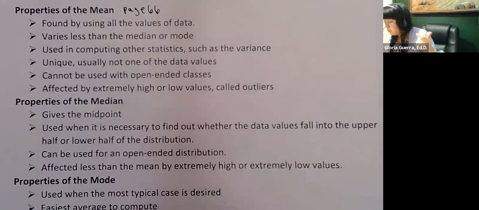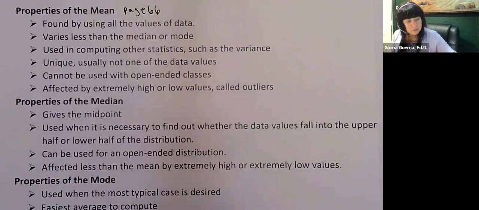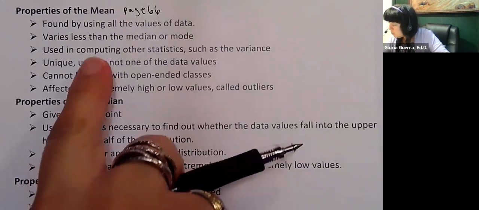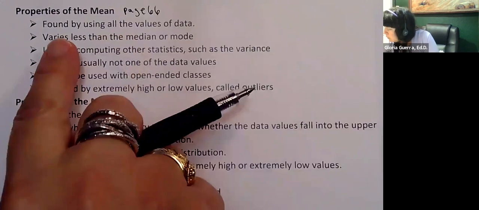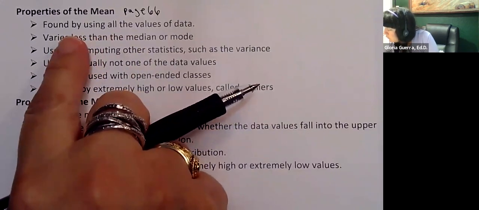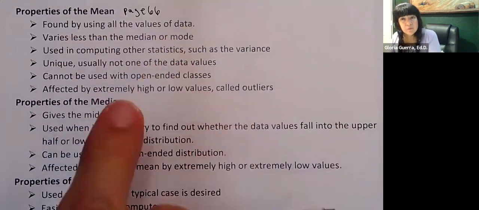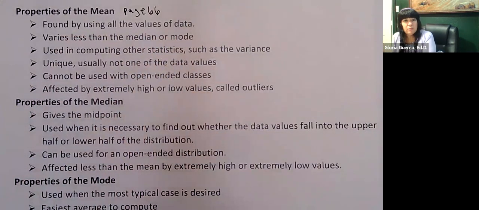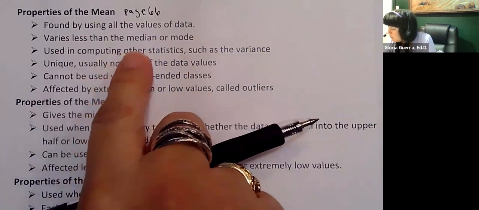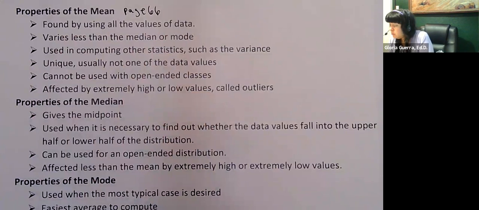And so the first one we're going to go over is the mean. If you look at these properties of the mean, it's found by using all the data values, right? Because for the most part you're adding them up and dividing by how many you have. It varies less than the median and it varies less than the mode. So that's a good thing to be aware of.